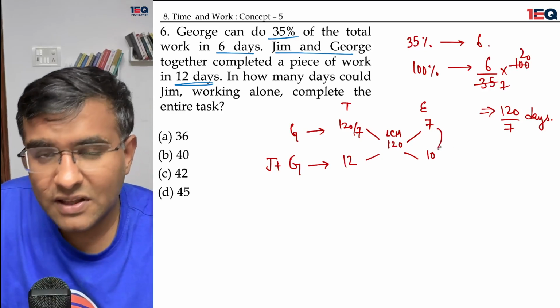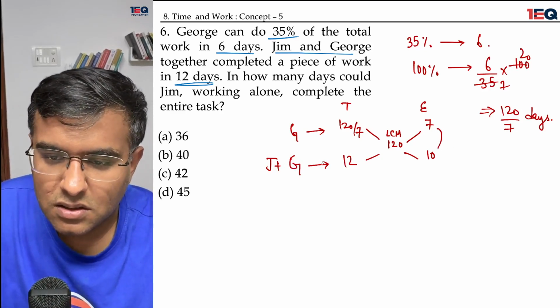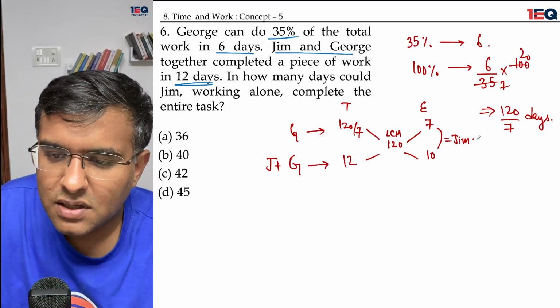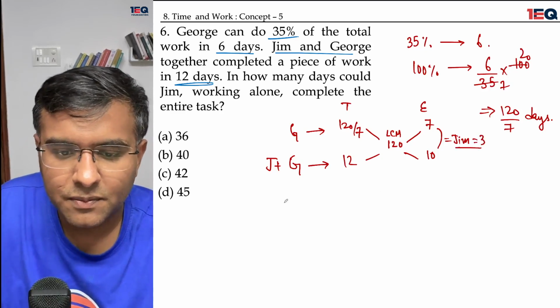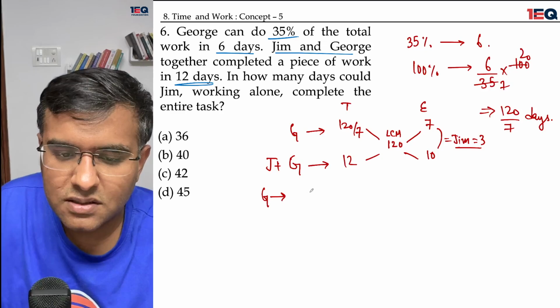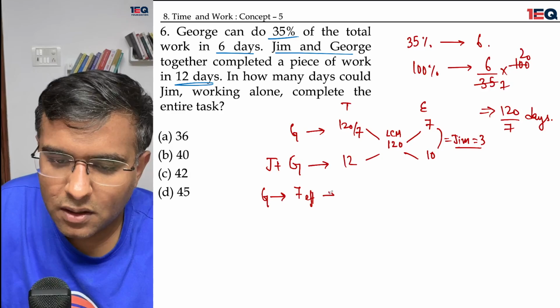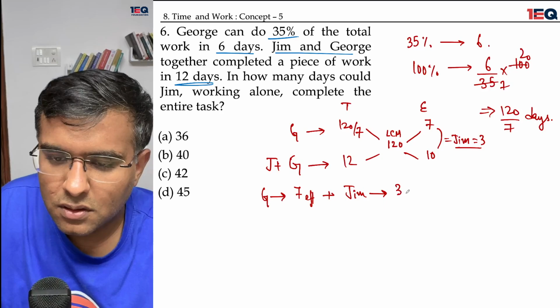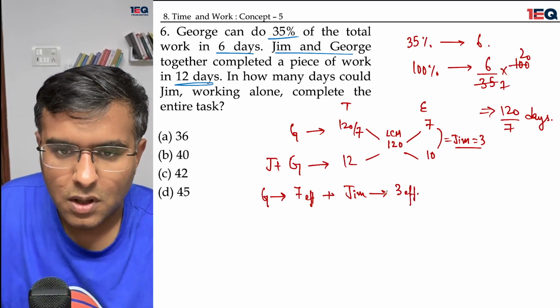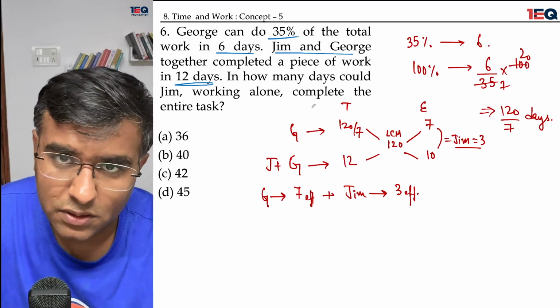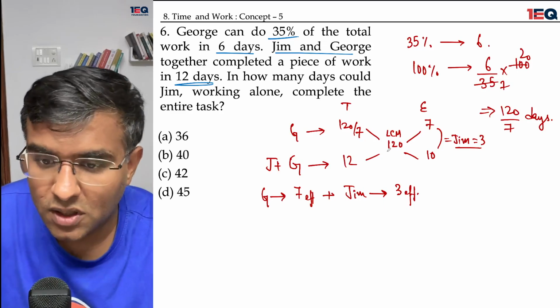So the gap between the two efficiencies is 3, and that gap is Jim's efficiency. Jim has an efficiency of 3. I'll rewrite things: George has an efficiency of 7 and Jim has an efficiency of 3. Now Jim has to complete the work alone.